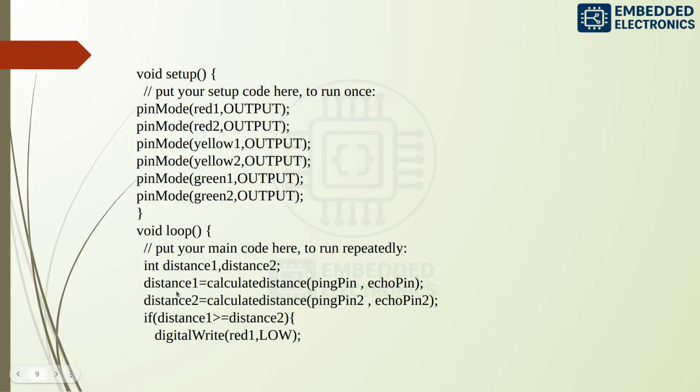The code constantly compares distance 1, that is road 1, and distance 2, that is road 2, to decide which light should be green. Here, distance 1 is greater than or equal to distance 2. If road 2 is more crowded, meaning a smaller distance, the code enters a while loop.